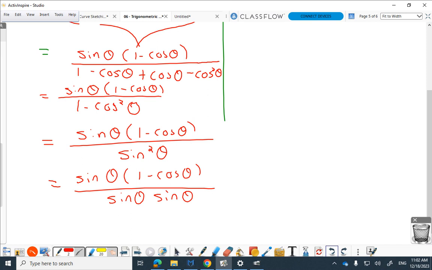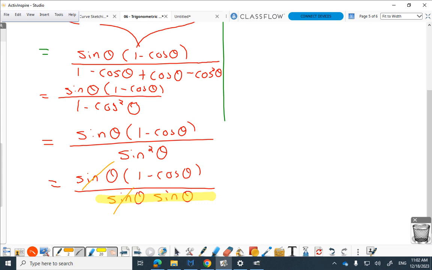If you're having trouble with sine squared theta, write it as sine theta times sine theta. You'll see better what's got to happen. Can you see it? It just cancels. It just cancels. Tricks like that sometimes, like, oh, so it just cancels and it works out. Great.